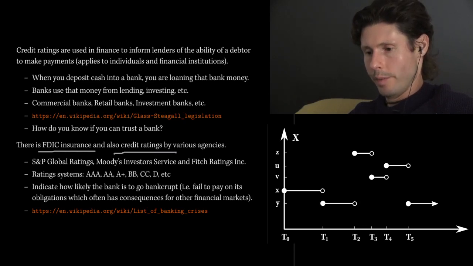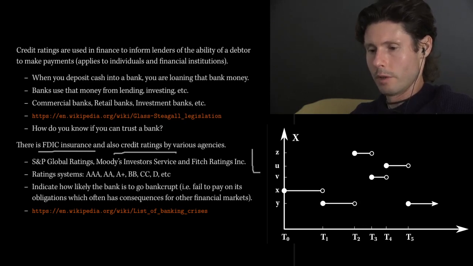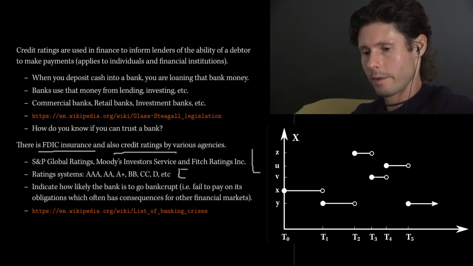So there are actual jobs on Wall Street working for a ratings agency. I've listed 3 of the main ones here: S&P, Moody's, and Fitch. They all provide ratings. All ratings have a similar sort of nomenclature to them. They look like grades, like A, B, C, D. There's no F, I don't believe.